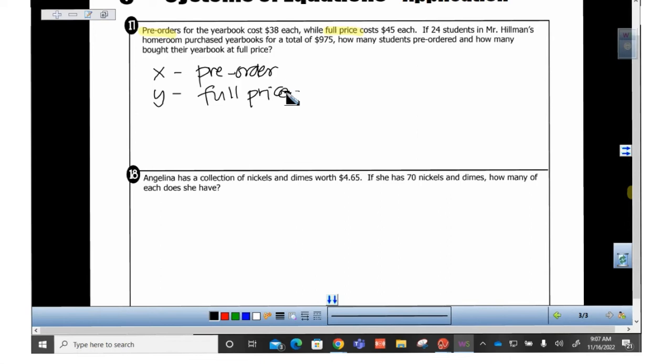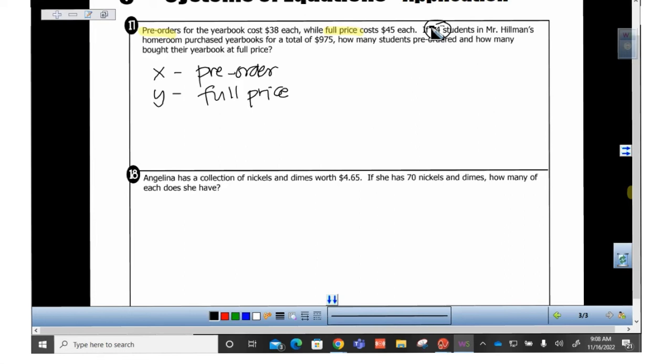So for our equation, we have pre-order, which is $38, and full price, which is $45 each. So how will you write your first equation? Okay. And also there are 24 students. Come to think of it, we're going to need to use that value 24. Alrighty.